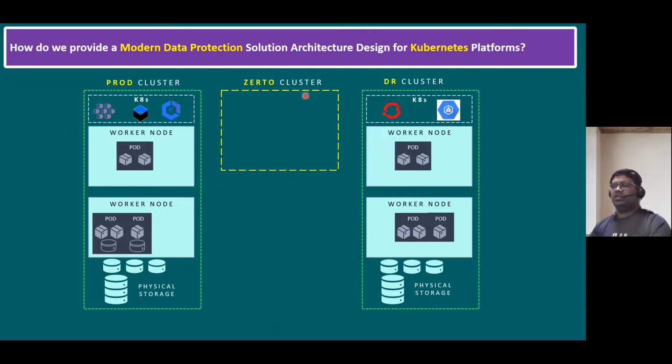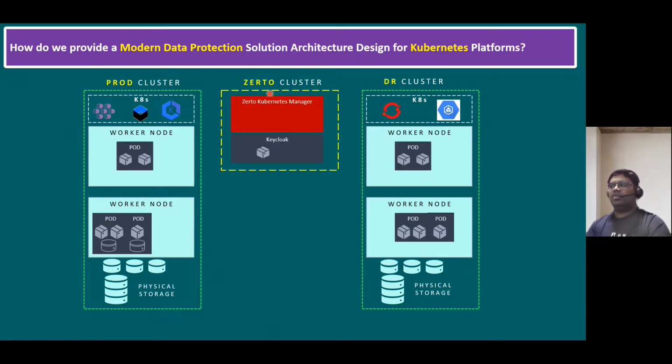This Zerto cluster is a flexible architecture. You can configure this Zerto cluster on any site. You can run it on production, you can run it on DR, or you can run it on any other remote site. Okay, but when we are installing a Zerto cluster, it requires mainly two key components.